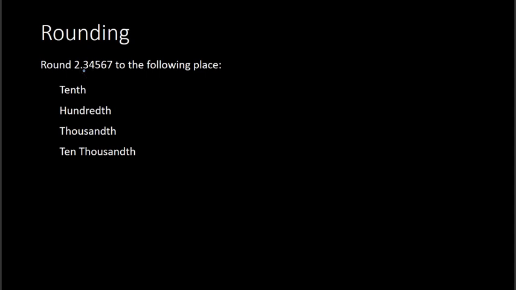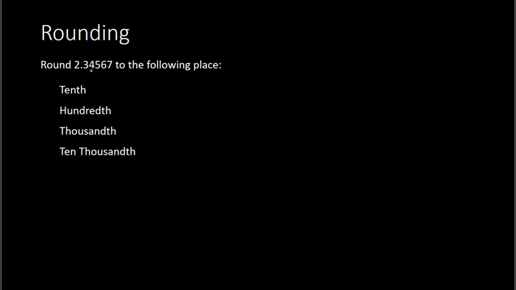This 3, the first number after the decimal, would be your 10th place, and then your 100th place, and then 1,000th, 10,000th, 100,000th, etc. So to round to the 10th place, I do the same thing I did with the big numbers. So the 10th place is the 3, and to round, I look at the number after. So the 4 comes after the 3.